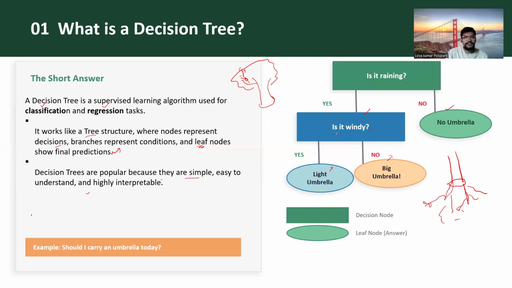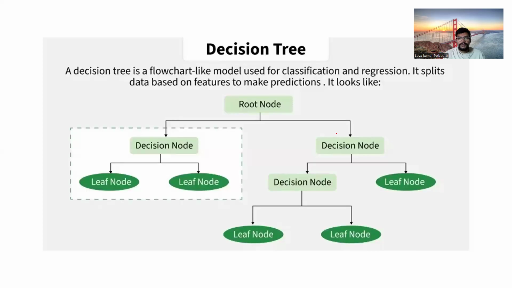Okay, let's see with a simple example. Basically for the decision tree, we will first understand the different terminologies. The terminologies are like the root node, which you can also call the parent node.